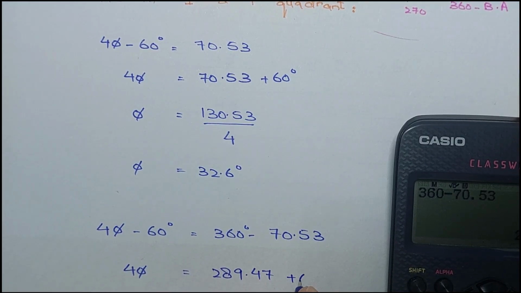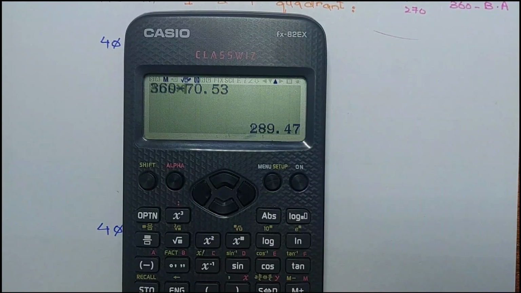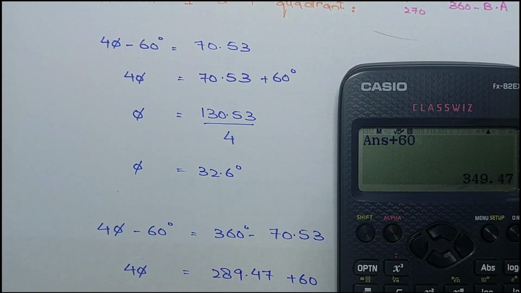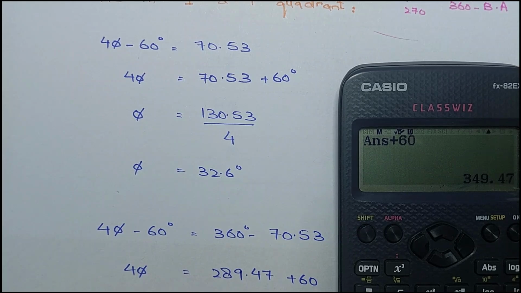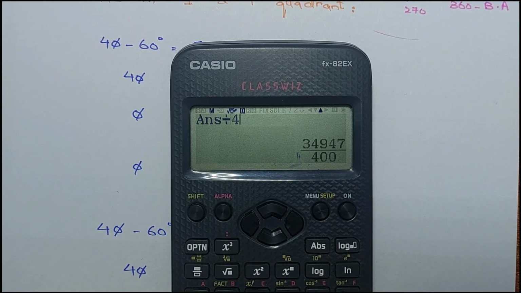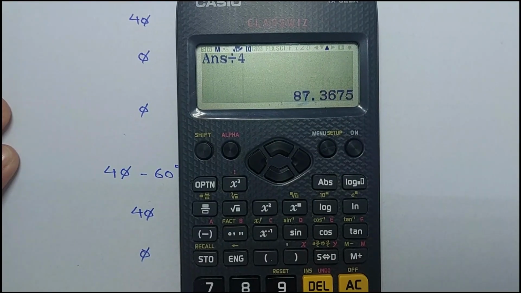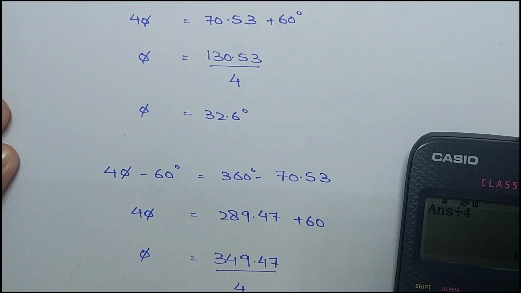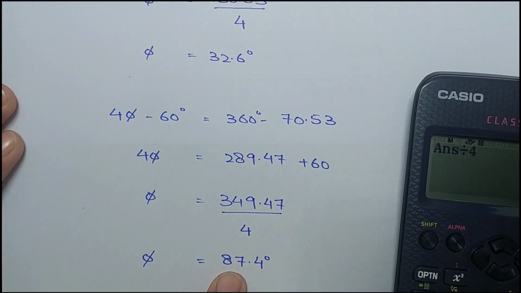Then add 60, shifting the 60 to the other side, is 349.47. So phi would be equal to 349.47 divided by 4. The other value of phi is 87.4 degrees. So this value is also in the range from 0 to 90 degree, right?